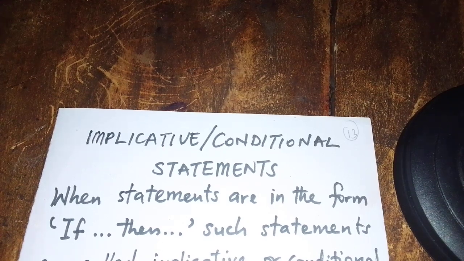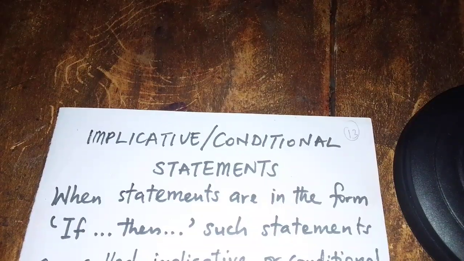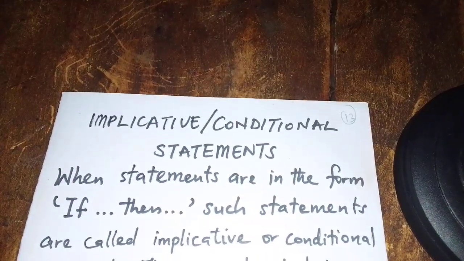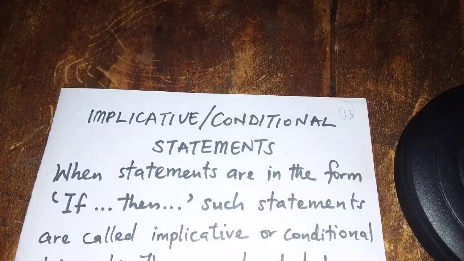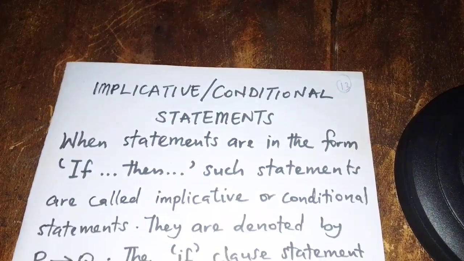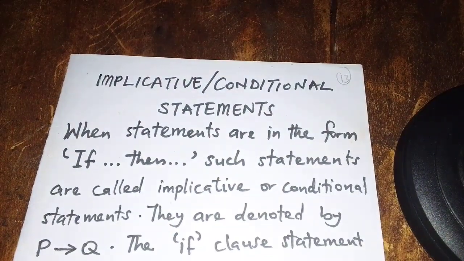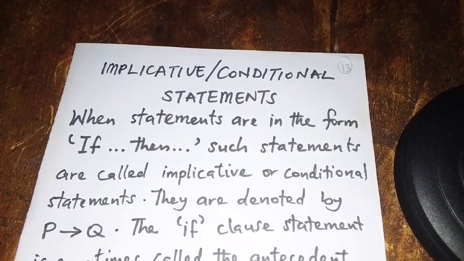Now, students, let's look at implicative or conditional statements. When statements are in the form if, then, such statements are called implicative or conditional statements. They are denoted by this: if P is this, then Q is this.